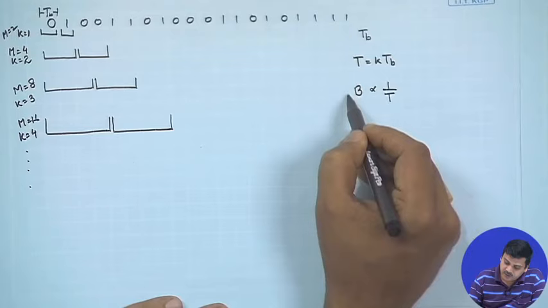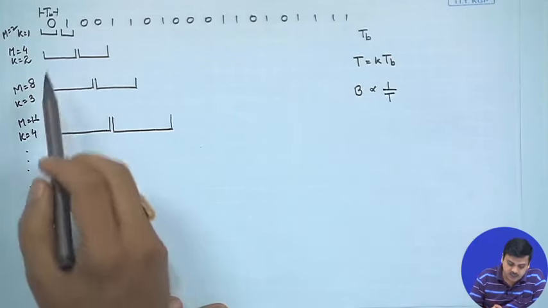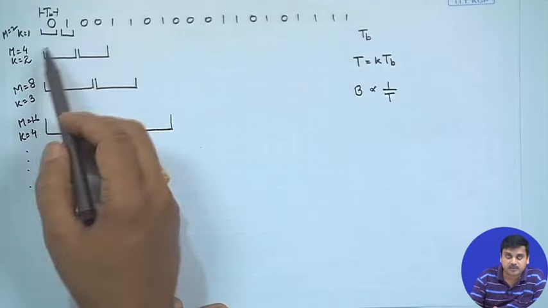If it is QAM, the amplitude and phase together would remain constant for that particular duration. So, what we see is that the bandwidth required reduces to transmit the same bit rate. That is one way of looking at the advantage that you get in sending over higher order modulation techniques.